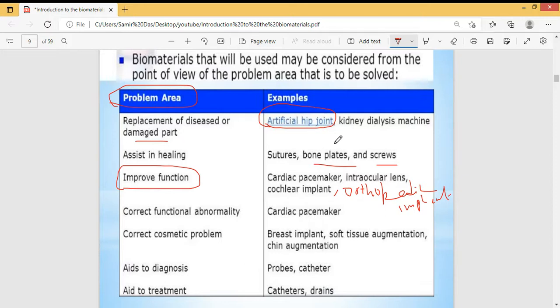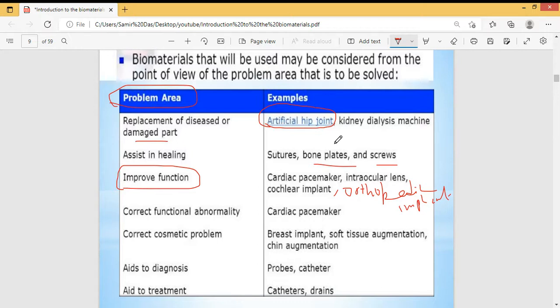And sometimes cardiac arrest takes place suddenly, so pacemakers are also used. The casing of a pacemaker is very important as it is placed near the heart, so that consideration of biomaterials is very important.